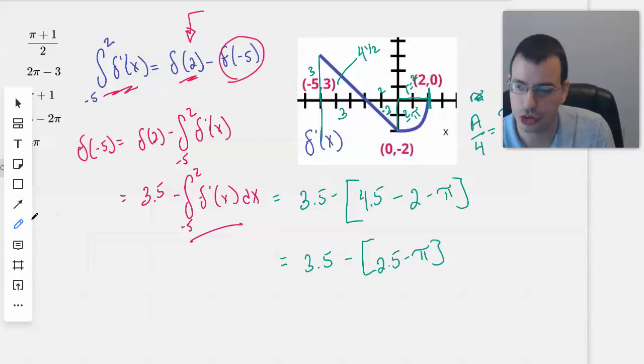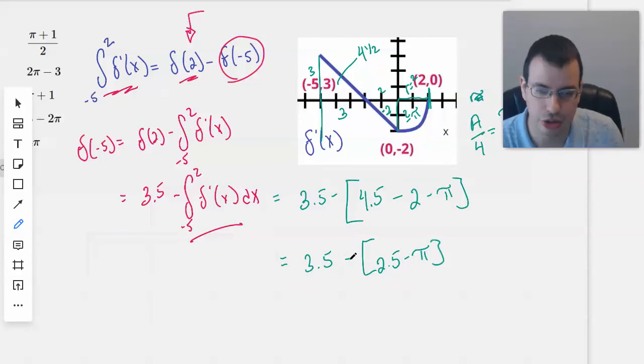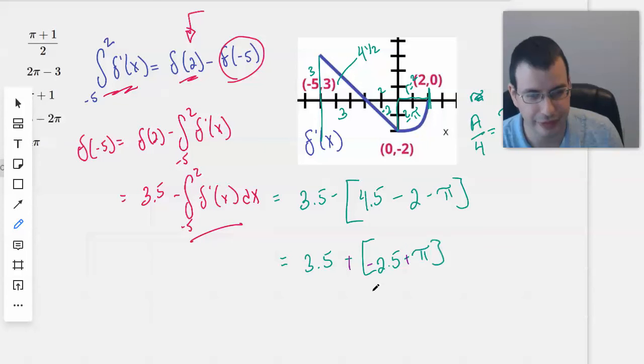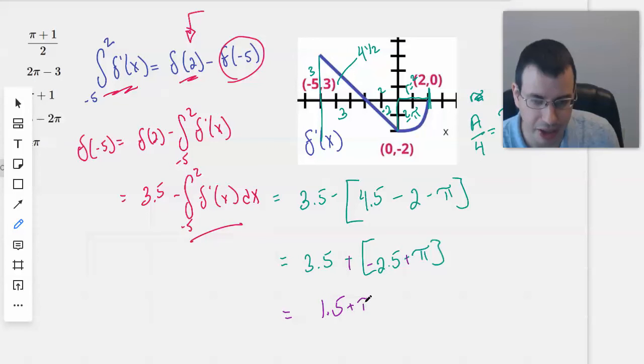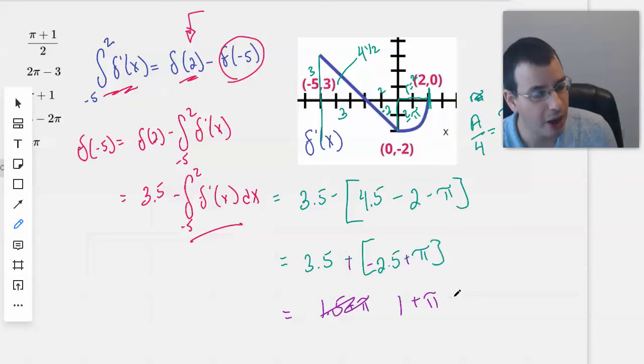But then we distribute the negative sign. And we're left with 1 plus pi, or pi plus 1.